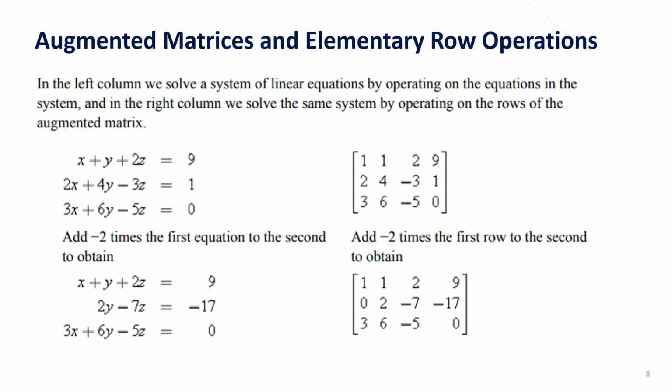Okay, so in this slide we will delve into a practical example of an augmented matrix and how we can perform elementary row operations. We will take a look at a specific linear equation system, for example this one, and first convert it into its augmented matrix form.